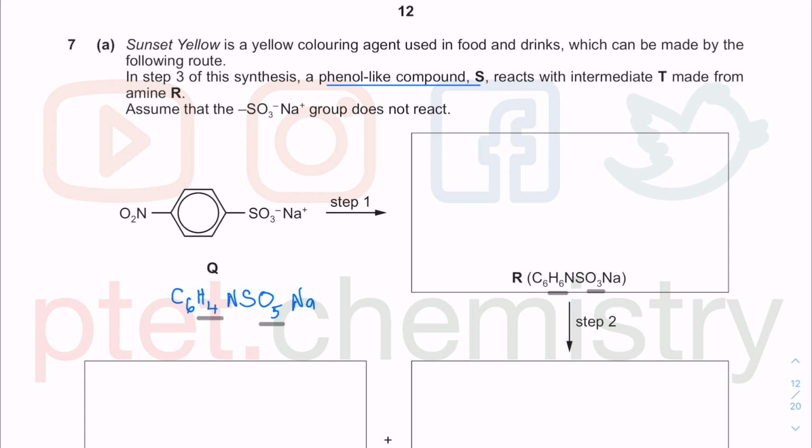What I can think of really is this thing remains the same, the SO3Na. That's why they have shown us the exact same thing, which is this one. So what is different then? The different one must be this one, NO2. So this is most likely a reduction of the nitro group. You remove the O2, the nitrogen loses the 2 oxygen, becomes O3, and then the nitrogen gains 2 hydrogen, it becomes H6 then.